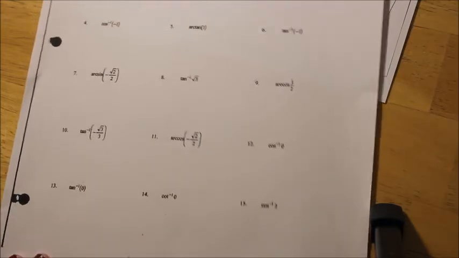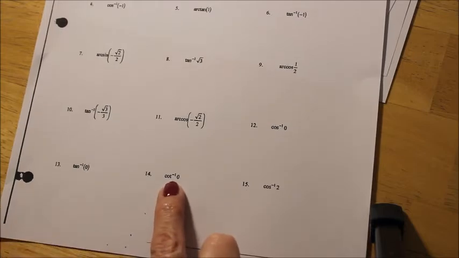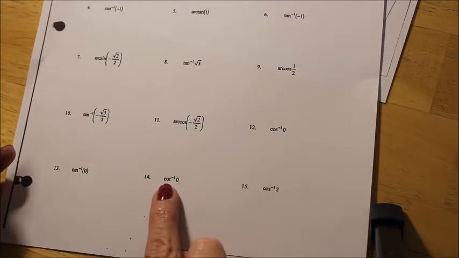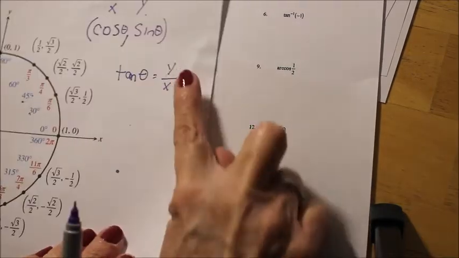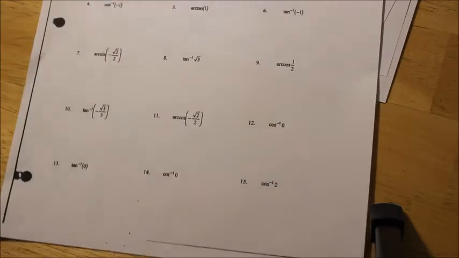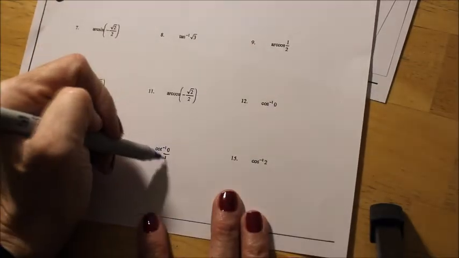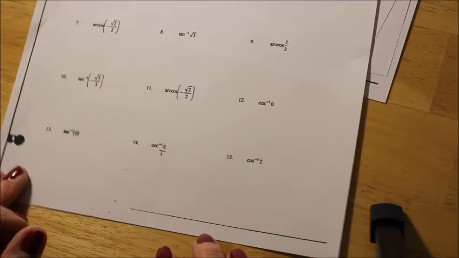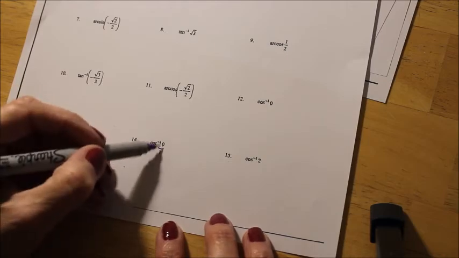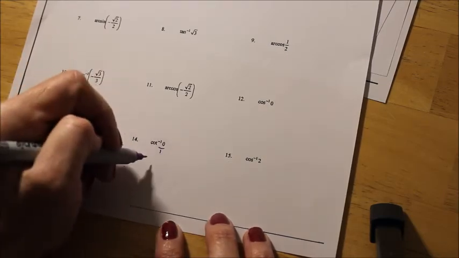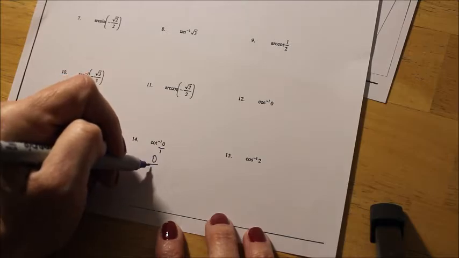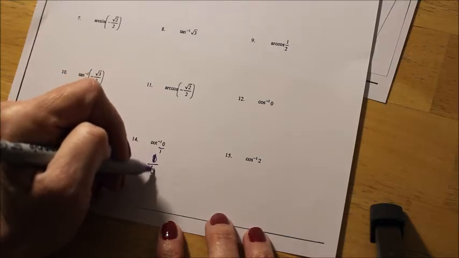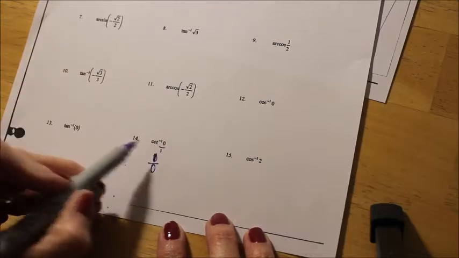Down here, I did want to take a look at this one because we didn't do anything like this in the notes, but remember, cotangent is the reciprocal of tangent. And remember, tangent was y over x. So if I assume that this is 1 over 0, which I would have to assume, the reciprocal of 1 over 0 is going to be 1 over 0, right?